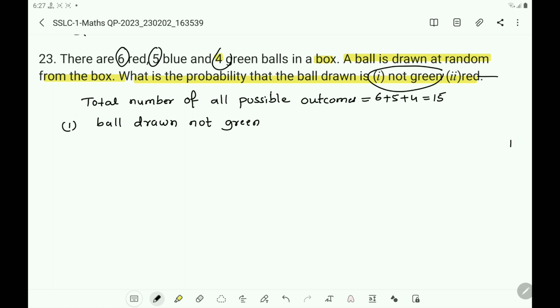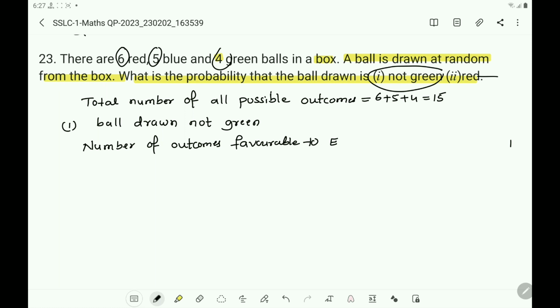So then what are the number of outcomes favorable to this event? So write number of outcomes favorable to E, you write.